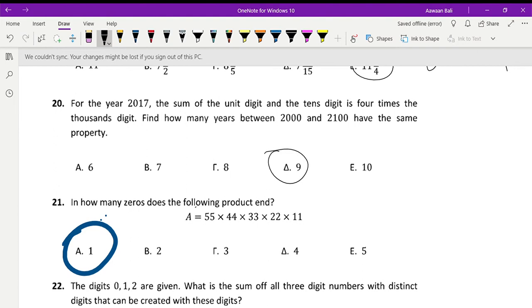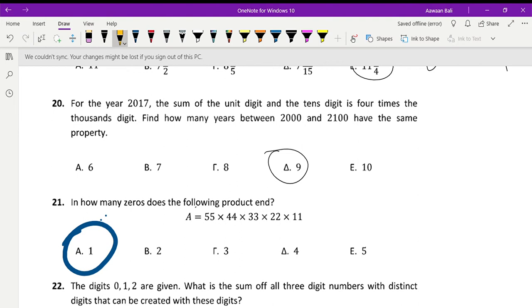Question number 20. For the year 2017, the sum of the unit digit and the tens digit is 4 times the thousandth digit. Find how many years between 2000 and 2100 have the same property. So basically, to find this property, you have to look at it. So 2007, the sum of the unit digit and the tens digit is 4 times the thousandth digit.